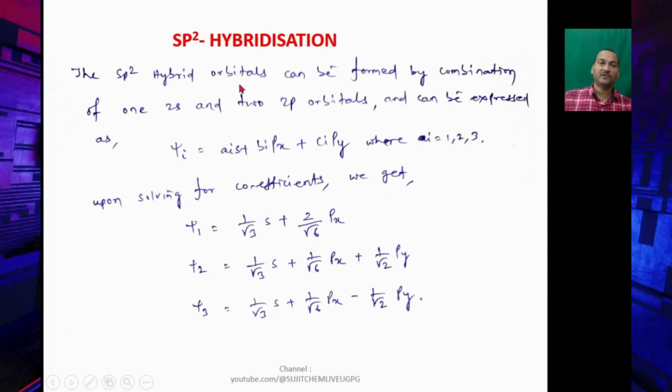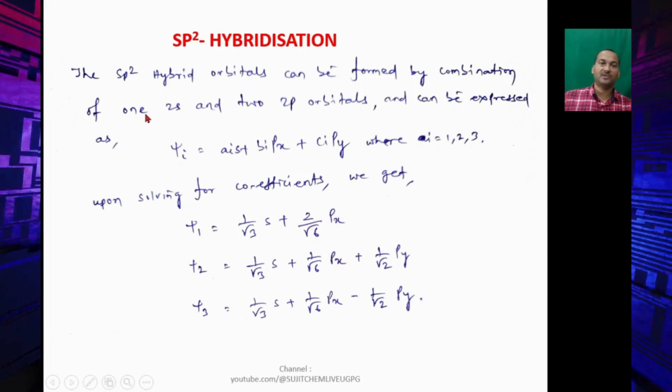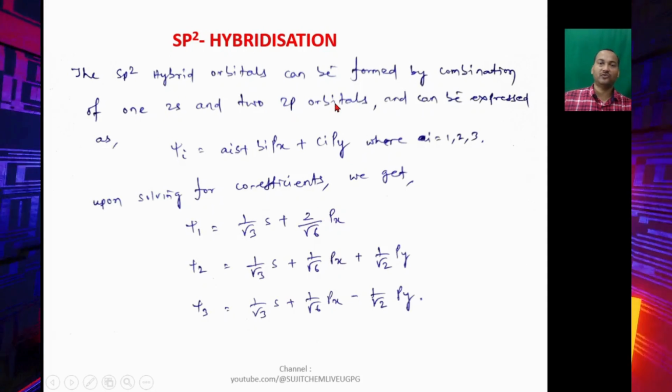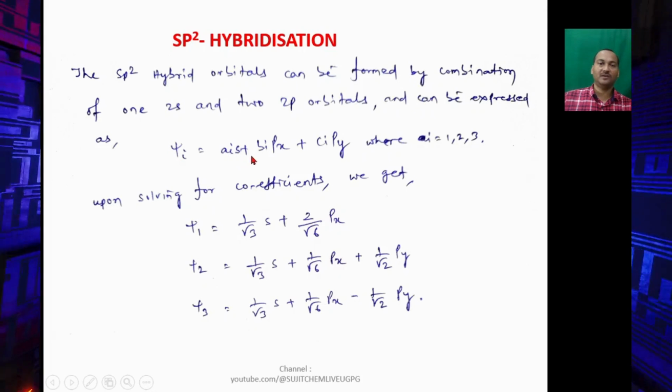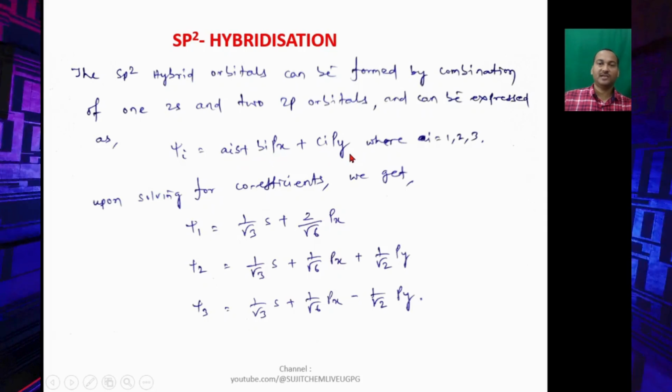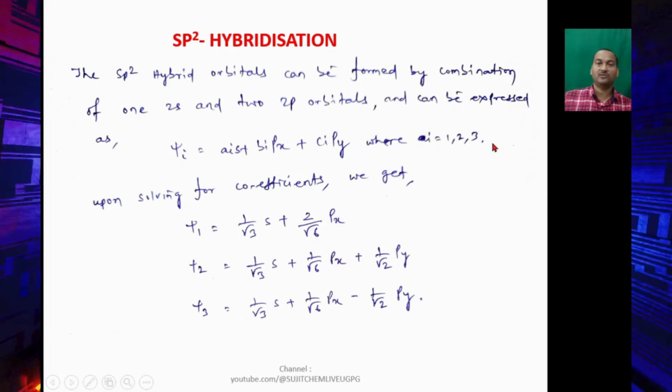So the sp2 hybrid orbitals can be formed by combination of 1 2s orbital and 2 2p orbitals and can be expressed as psi i equals ai s plus bi px plus ci py, where i equals 1, 2, 3.